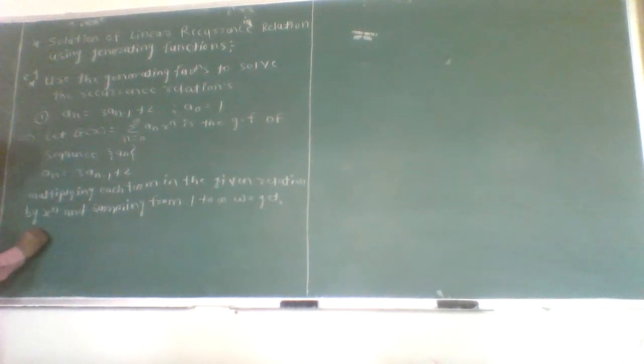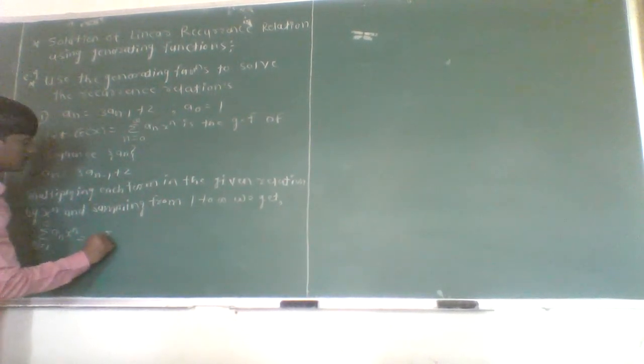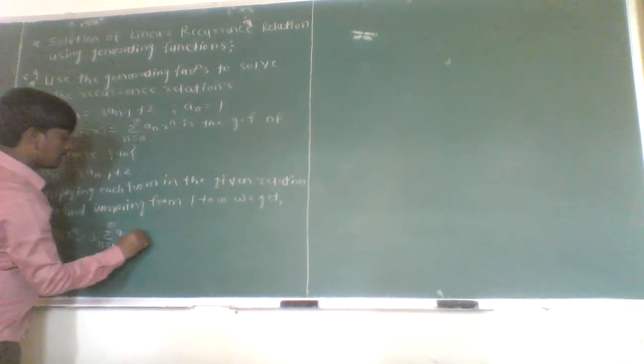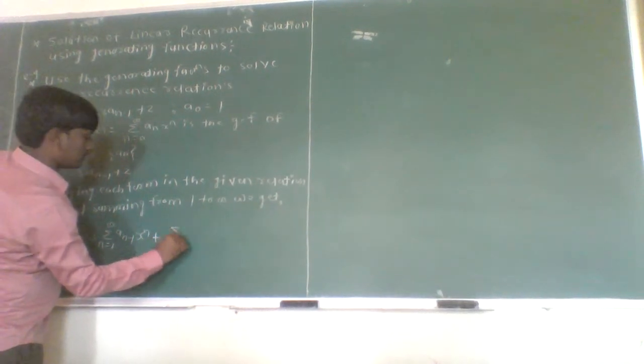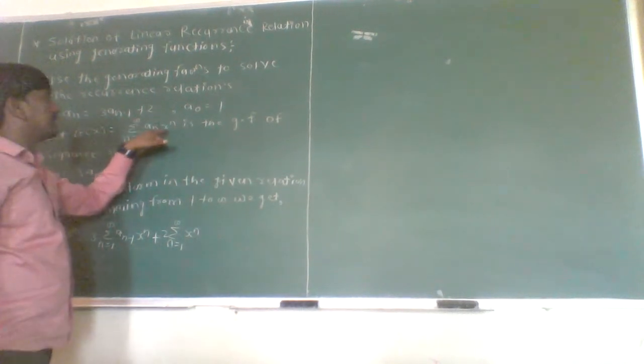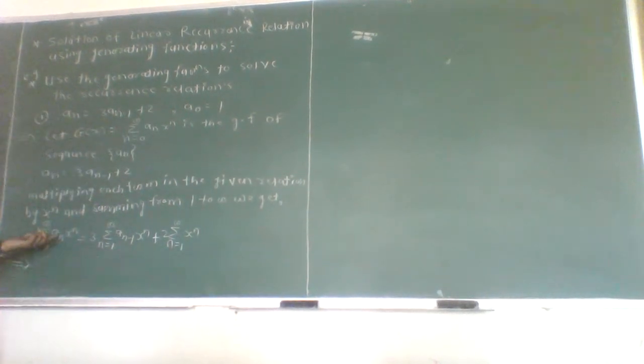That is, summation n running from 1 to infinity a_n x^n is equal to 3 into summation n running from 1 to infinity a_(n-1) x^n plus 2 into summation n running from 1 to infinity x^n. Now, g(x) is nothing but summation n running from 0 to infinity a_n x^n, and here the left-hand side is summation n running from 1 to infinity a_n x^n.